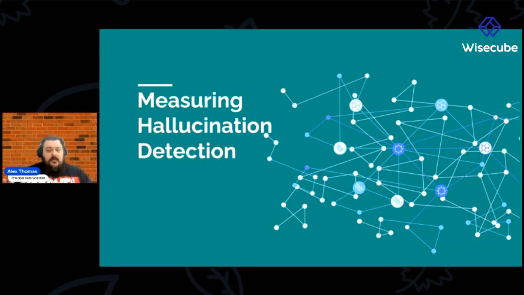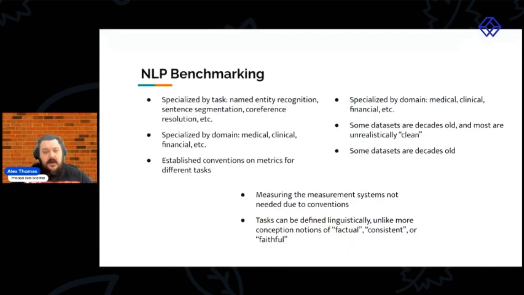So now that we've talked about how we detect the hallucinations, we need to talk about how we measure that detection. This is a meta step where we are looking to measure the measurement system. Again, this compares to old NLP benchmarking, where there were pros and cons of how benchmarking is used.